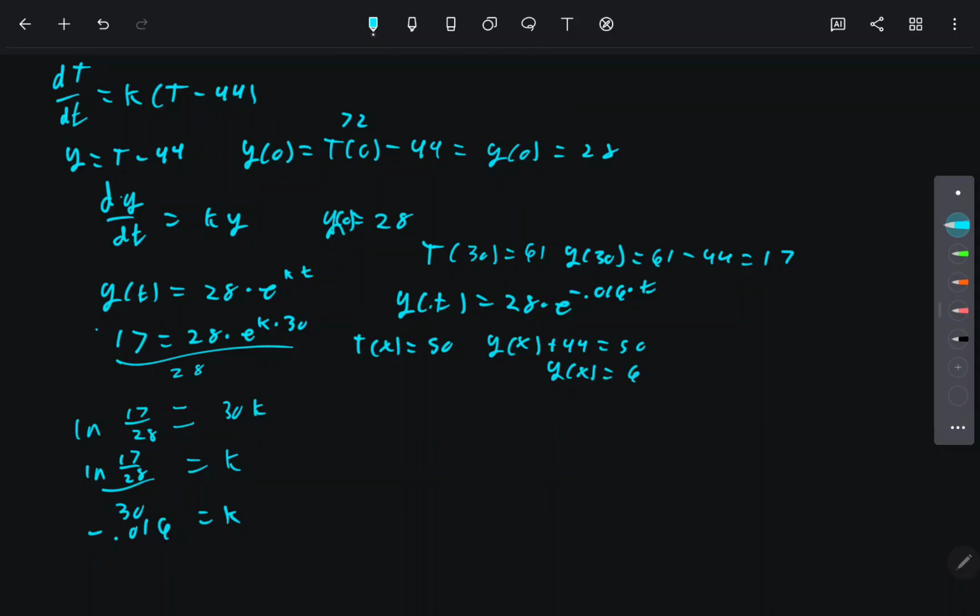Okay. So now we're going to take the 6 and plug it into our equation and solve for time. 6 equals 28 times e to the negative 0.016 times time.